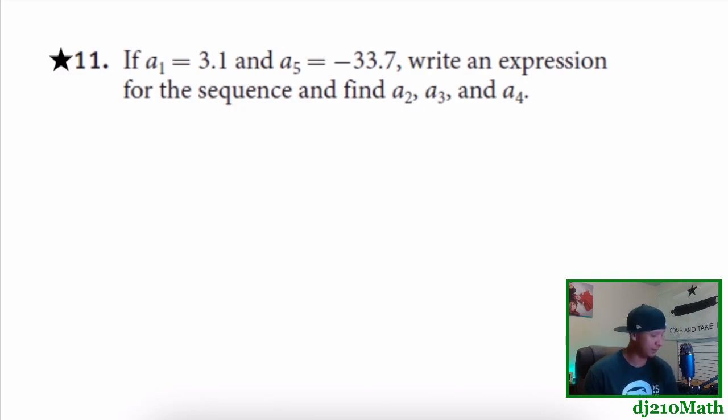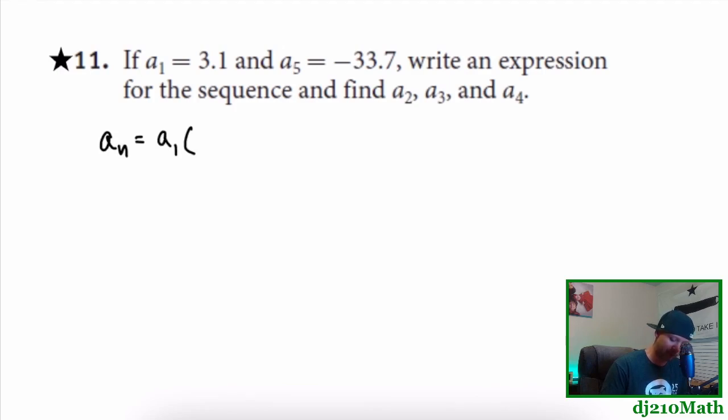Okay, so this is another system of linear equations problem, I feel. Because, right, what do I know? I know that a sub n is equal to a sub 1 plus n minus 1 times d. That's the formula we've been using.